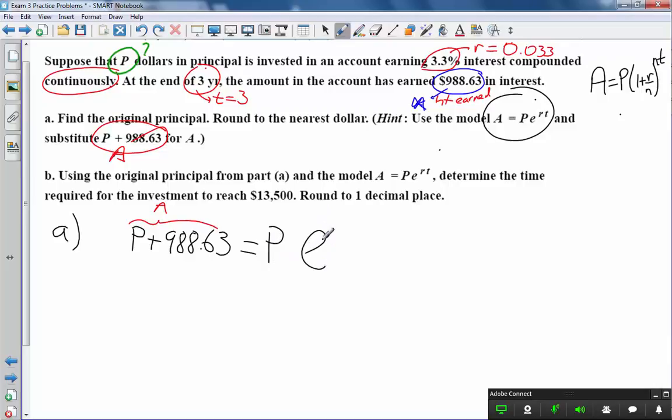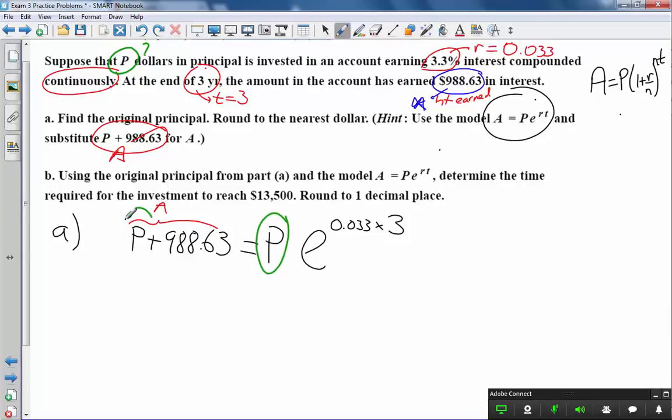I do know r, which is 0.033. Times time, which we know, that's 3. Okay? Are we good so far? So who's our princess? What are we looking for? You're trying to save somebody. Who is that? P. That's what we are solving for.